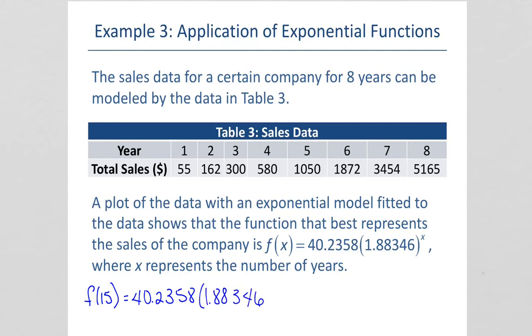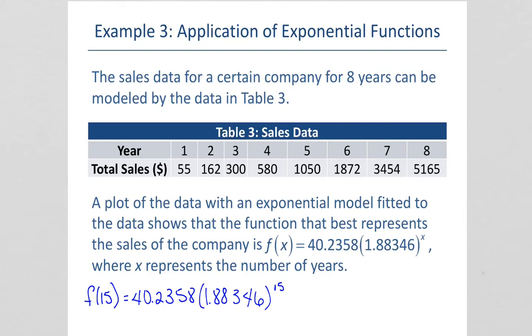Now realize when you plug in 15 here, you cannot say that times that. It will not work. It will give you the wrong thing. Order of operations says you have to do the exponents first.